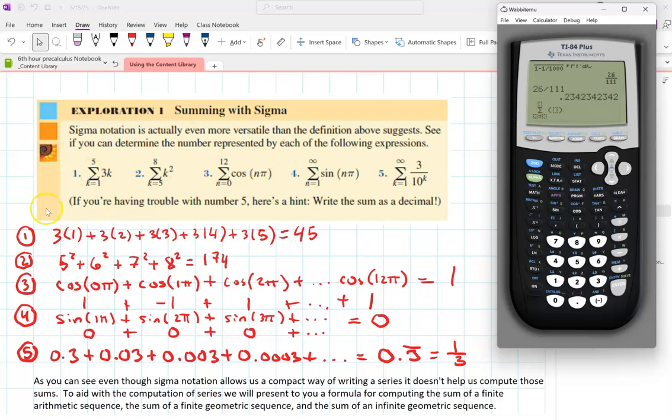The only change I'm going to make is whatever the index variable is, I'm just using the variable x on my calculator. But otherwise, I just type it in exactly like it looks. And then I press enter, and there's my 45, right?